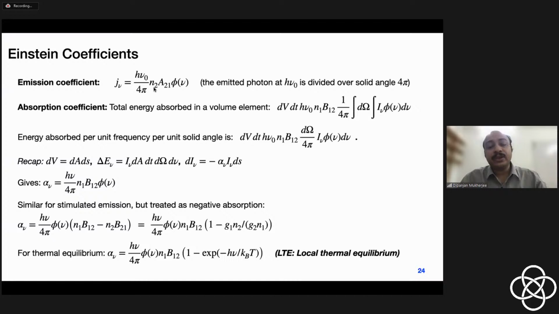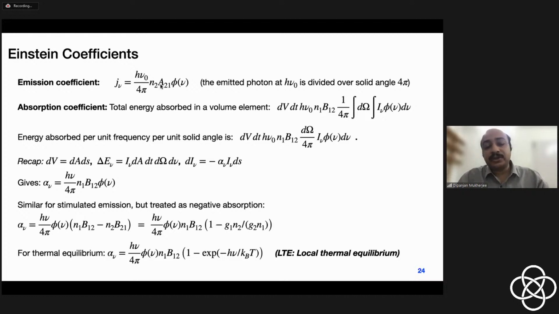So if the total number density of atoms in state 2 is N2, then we know that once it makes a downward transition, it emits a photon with the energy of h nu naught. And since J nu is the energy emitted per unit solid angle, we divide by 4 pi.